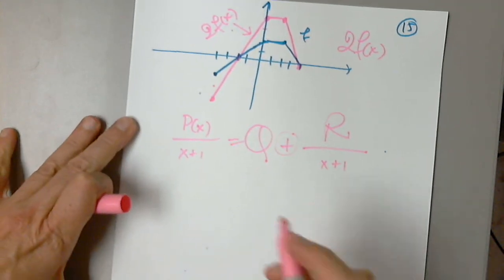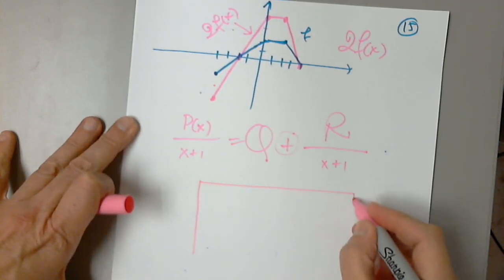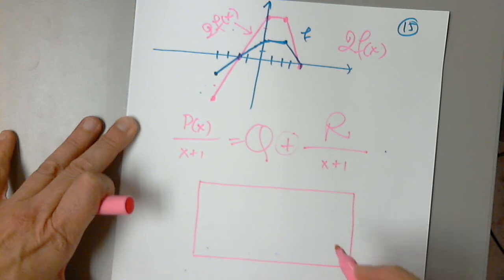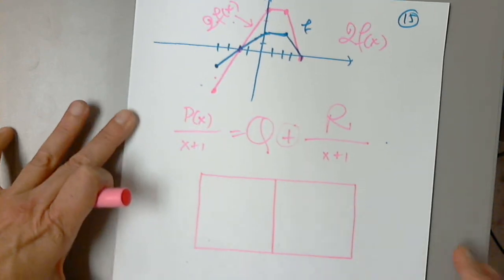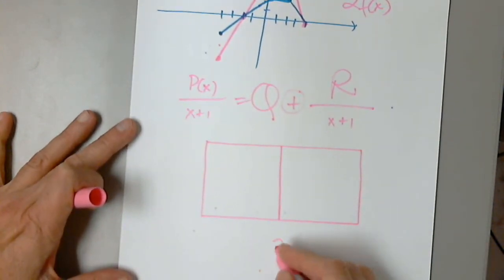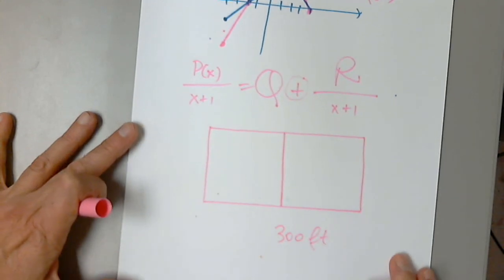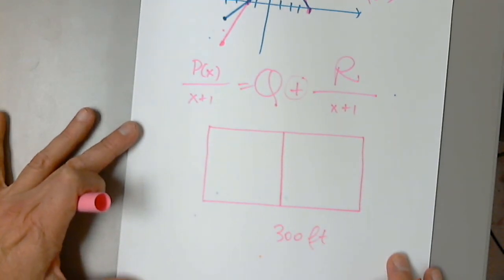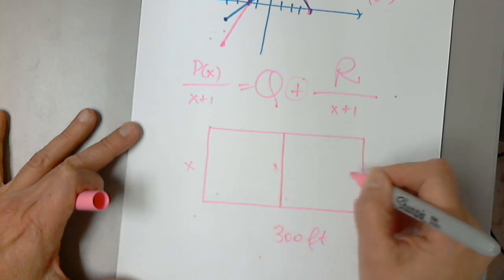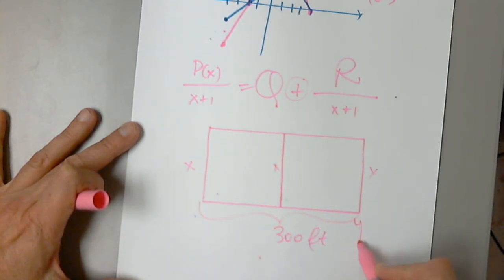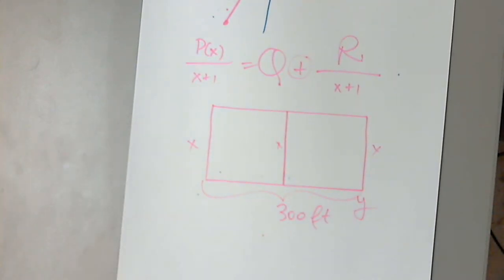So here's a word problem. We have, let's say, a garden, and we have 300 feet of fencing, and we want to determine the width and the length so that we maximize the area.